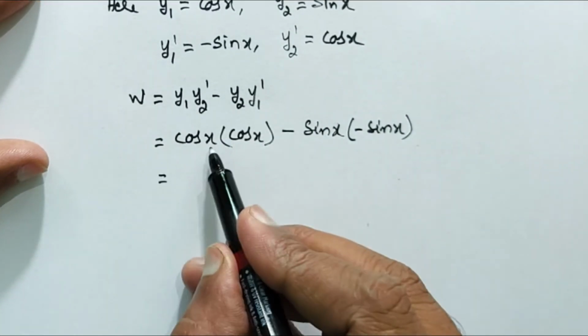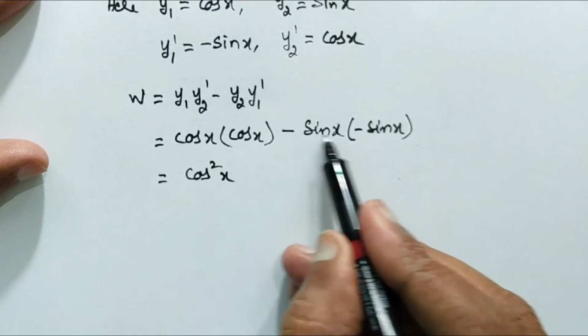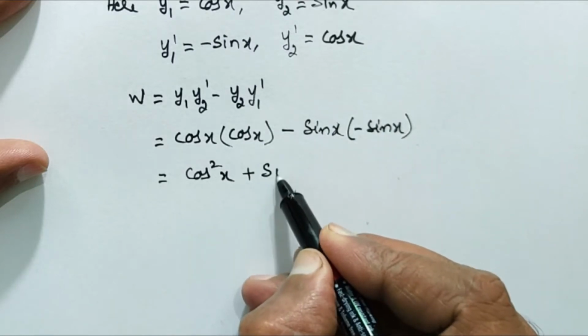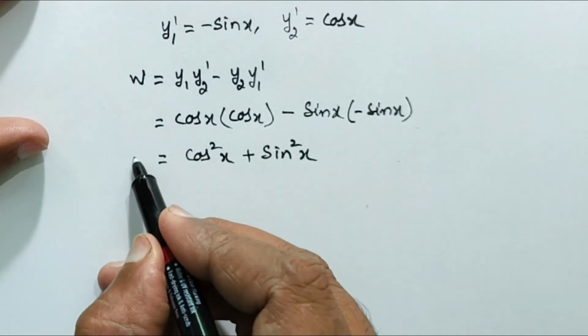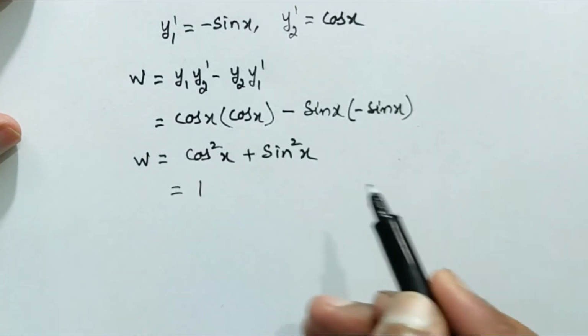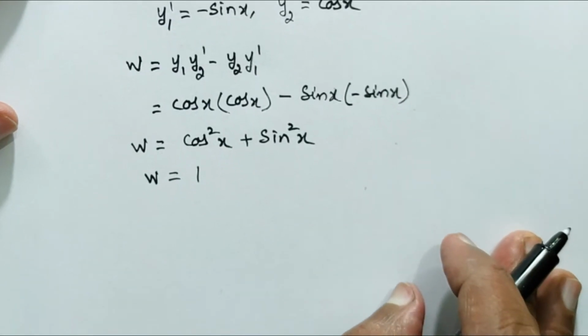So cos x into cos x is cos square of x, minus of minus will be plus, sin x into sin x is sin square of x. But we know cos square of x plus sin square of x is 1. So we have got the value of W to be equal to 1.